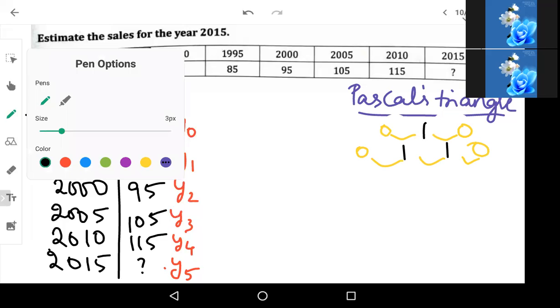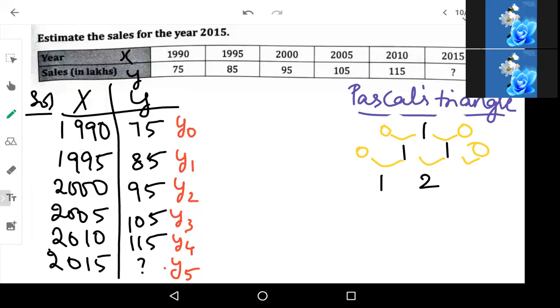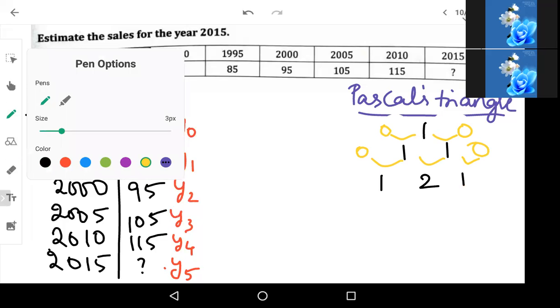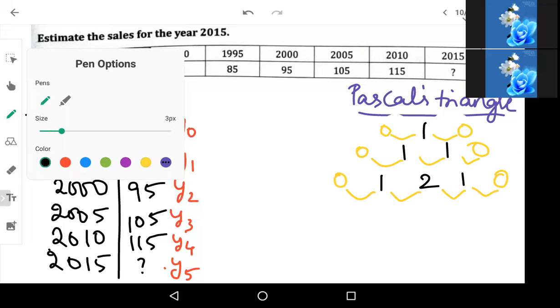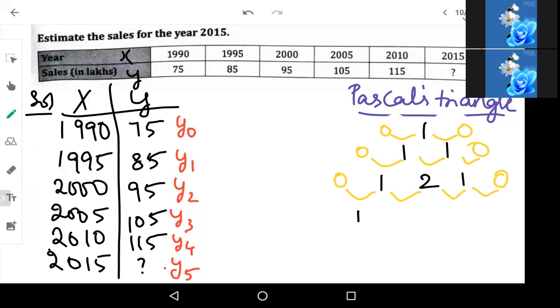So 0 plus 1 is 1, 1 plus 1 is 2, 1 plus 0 is 1. Again 0, 0 and then add the numbers. 0 plus 1 is 1, 1 plus 2 is 3, 2 plus 1 is 3, 1 plus 0 is 1.